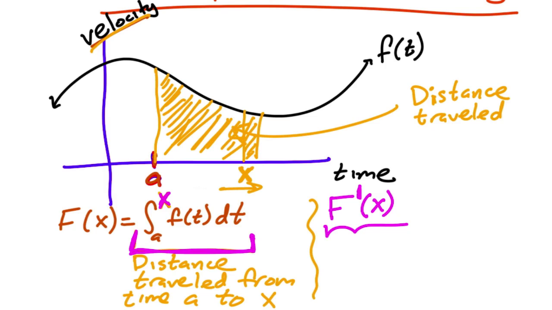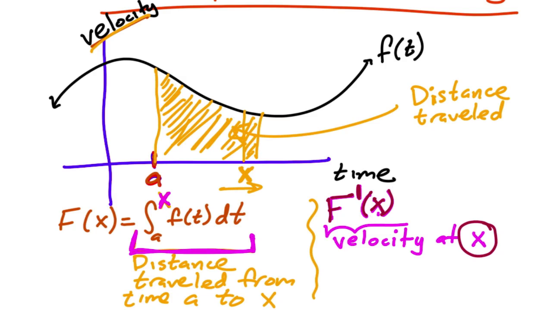So if this is the position, if you get the derivative of that, this is going to represent the velocity at x, right? Because the derivative, remember, is the instantaneous velocity at this point. So the velocity at x, that's what capital F prime is.